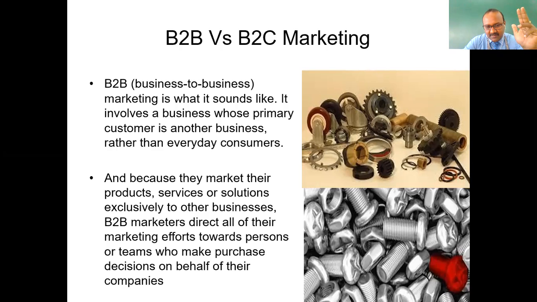Now the initiator is the one who initiates the idea, comes up or helps others understand that there is a need, or something that they are deprived of right now. So if we buy that particular product or service, then things could be a lot easier, or we could overcome that pain, problem or difficulty that we are facing right now. So they come up with the idea to purchase this product as a solution.